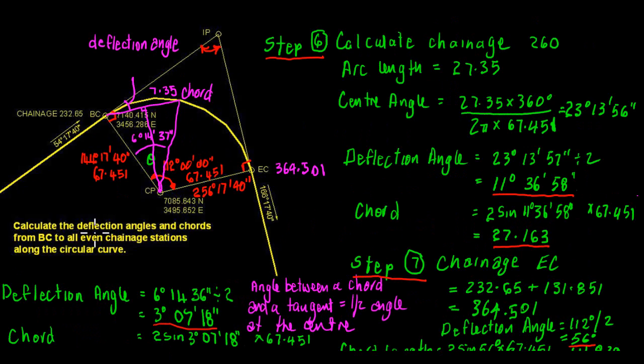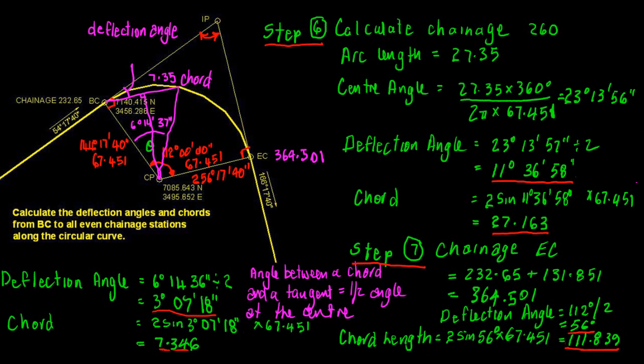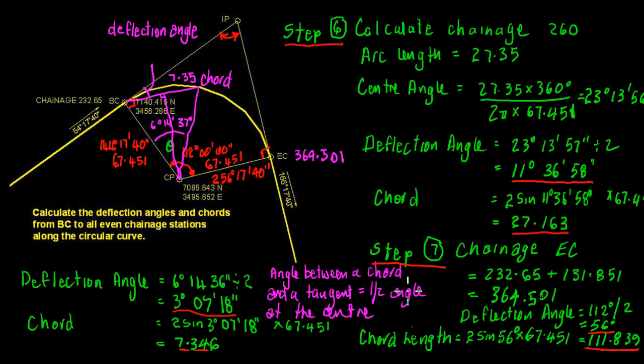So just moving along with that, here we are, 6 degrees. Now we're going to start to look at deflection angles and what have you. So first of all let you know what the deflection angle is, and it's the angle here between the tangent to the curve and the chord. It's that angle there.